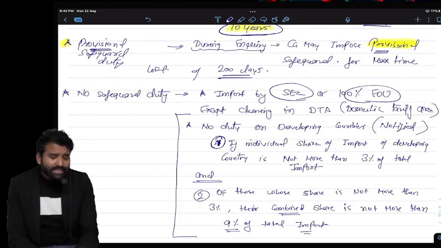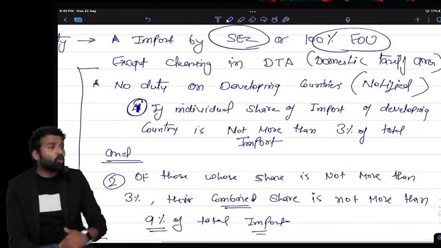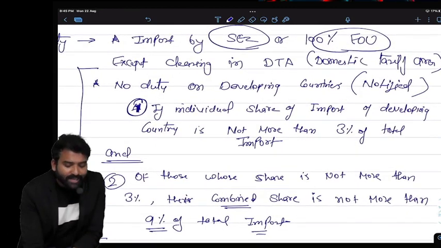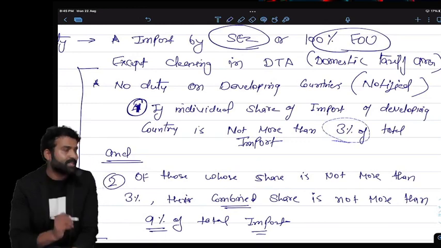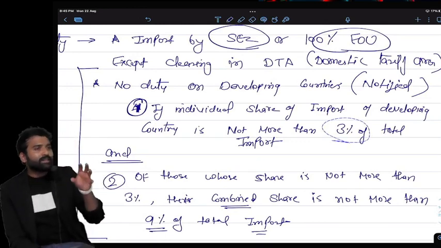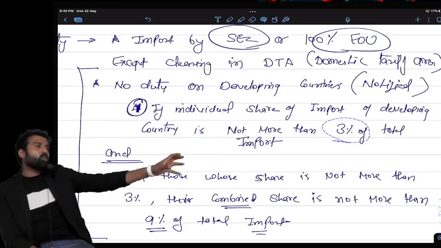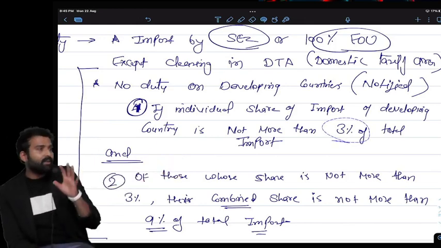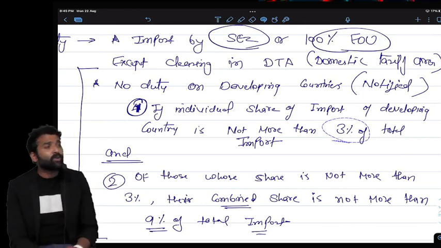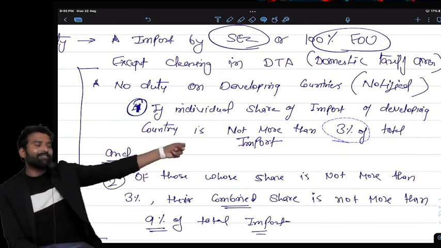Second, this duty will not be applicable to those developing countries whose share of import is not more than 3%. There are some notified developing countries. If their share of import is not more than 3%, then we will not charge any safeguard duty on imports from these developing countries.